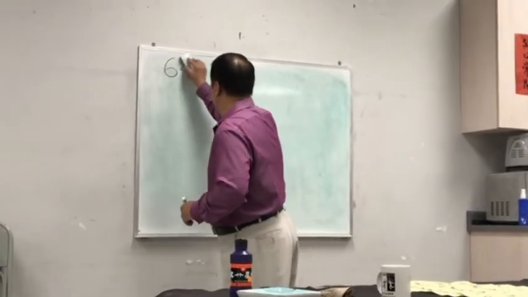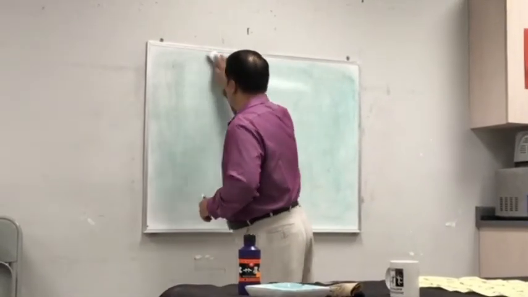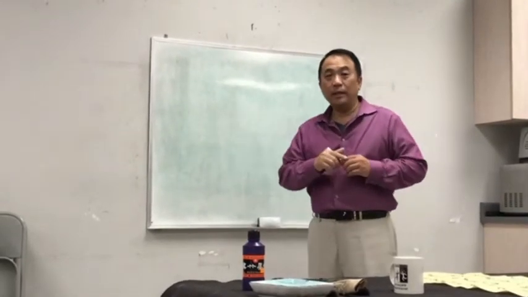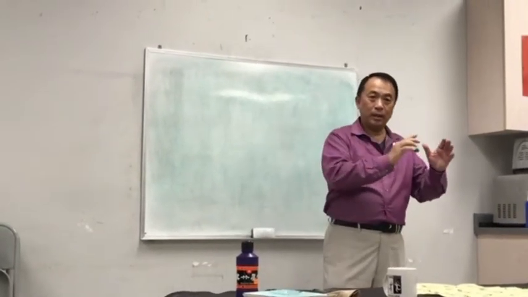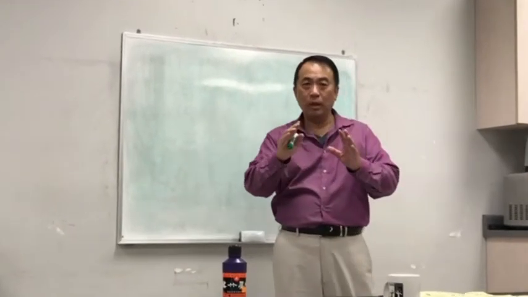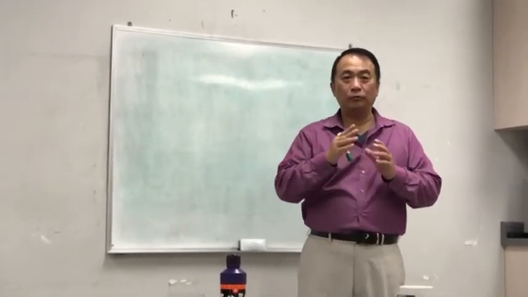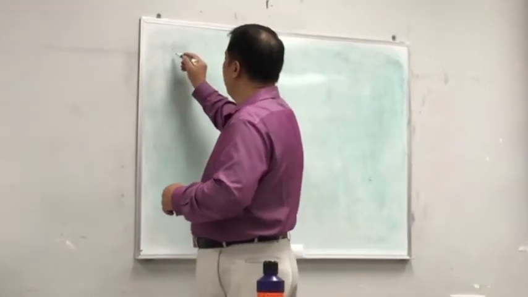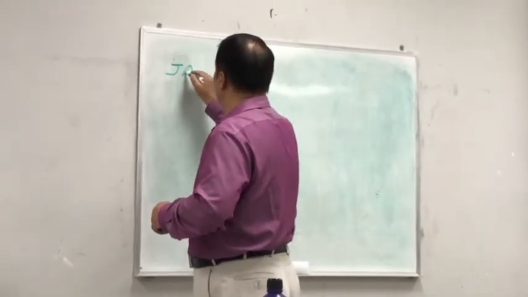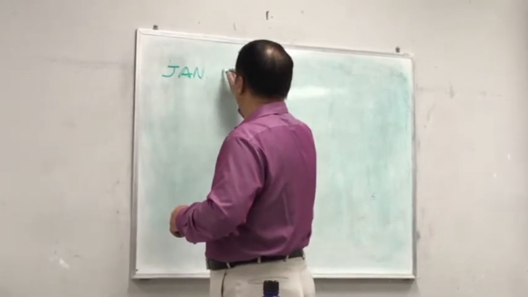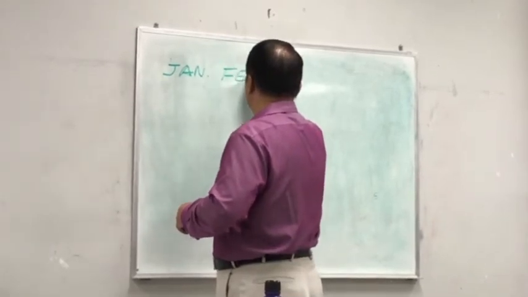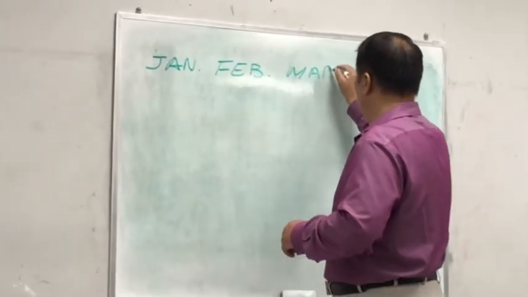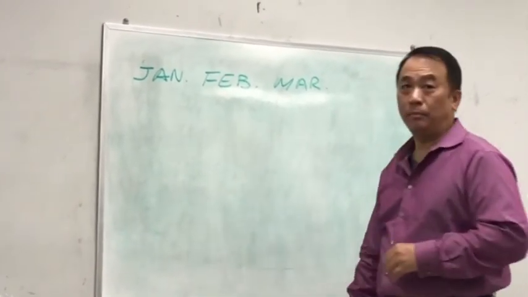We know that each year we have 12 months. The Chinese spring, summer, autumn, and winter follow like this. January, February, March, which is springtime.